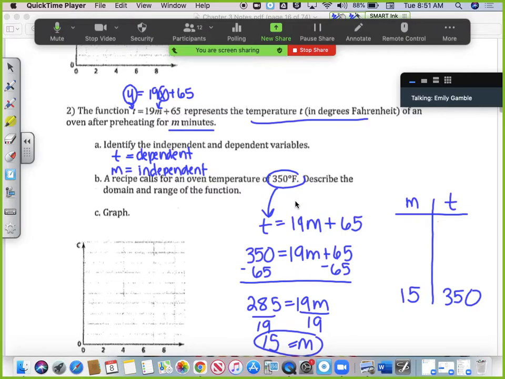What's the smallest time that makes sense for this problem? What do you think the starting point is for an oven when it's just sitting there not being used? Zero, yes. And since we have to go from 0 to 15, maybe we can just go by fives: 0, 5, 10, 15. That should be enough.